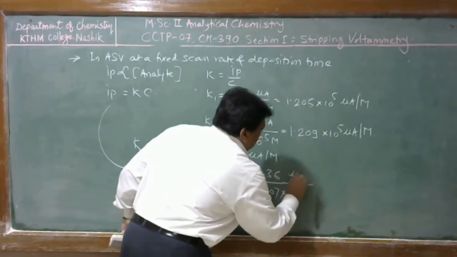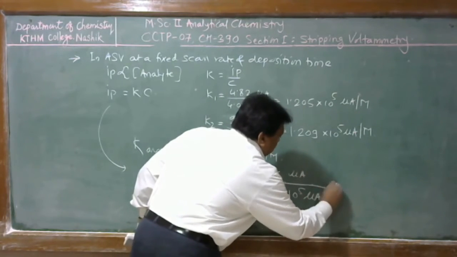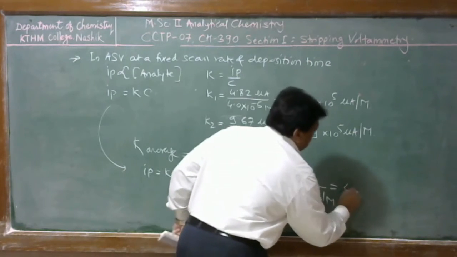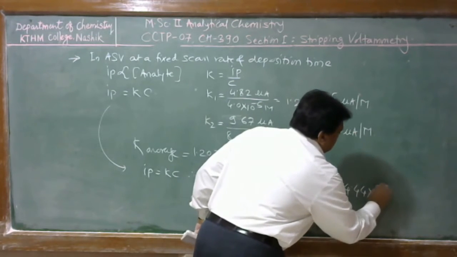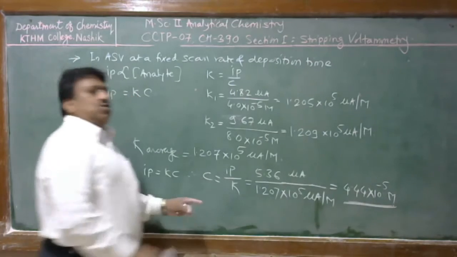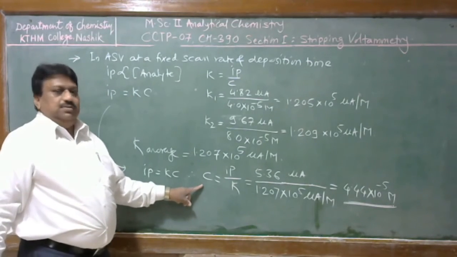This is in microampere, this is in microampere per mole. When we solve this, the answer is equal to 4.44 into 10 raised to minus 5 mole. This is the amount of copper present in the water sample.